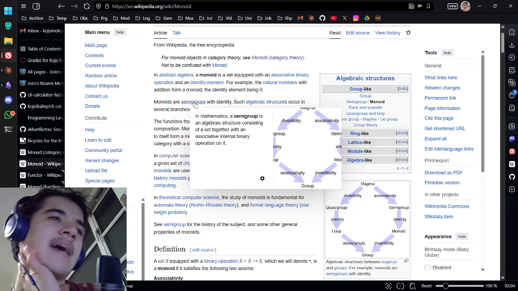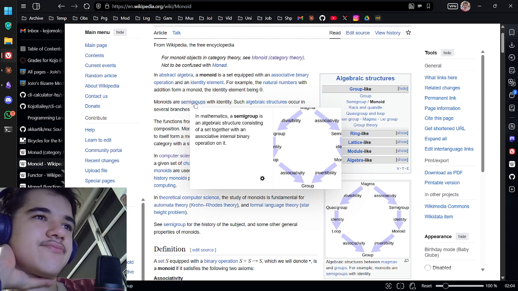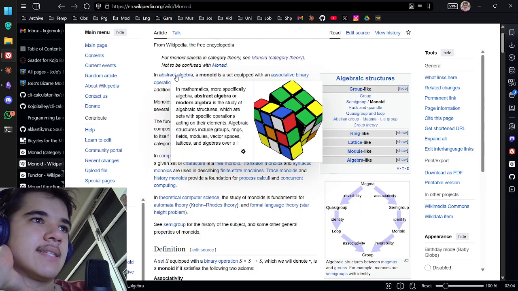And what is abstract algebra? A semigroup is a set with an associative internal binary operation. I see. Abstract algebra is modern algebra. So they are sets with specific operations acting on their elements.